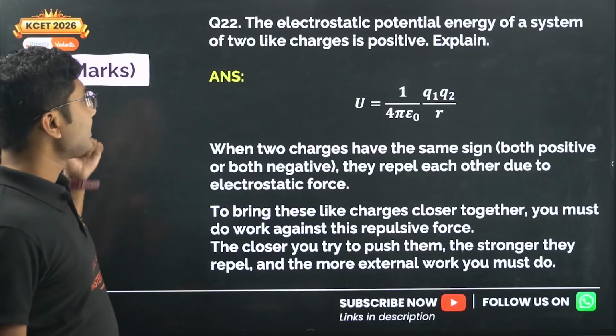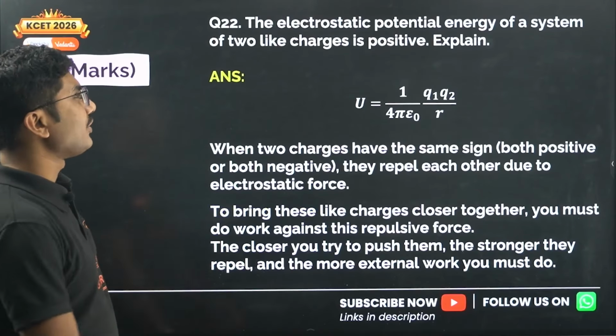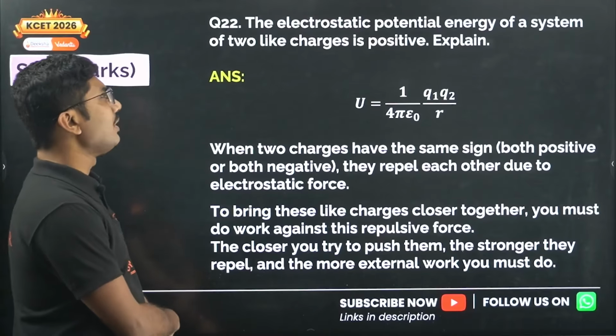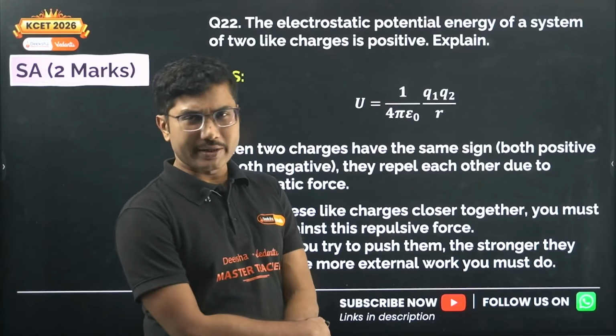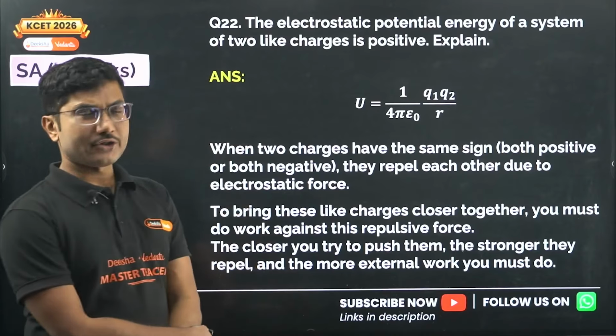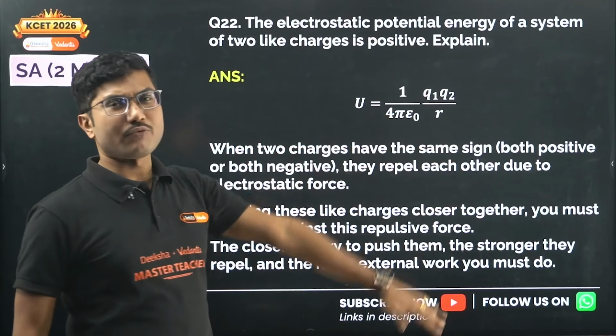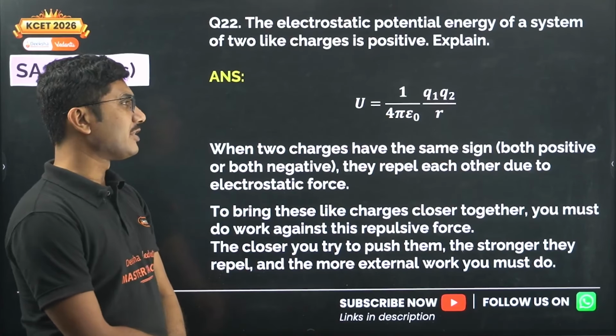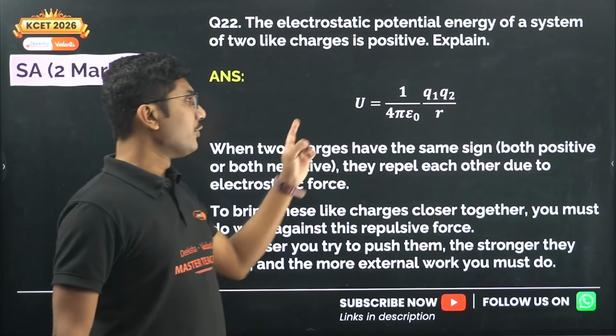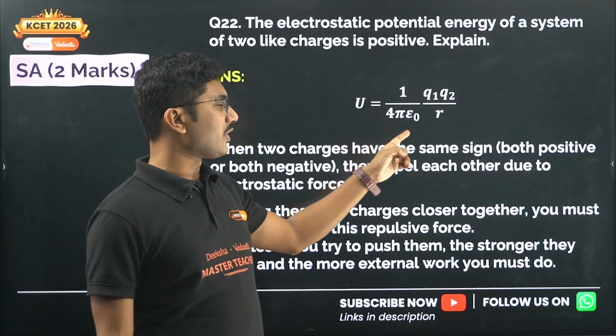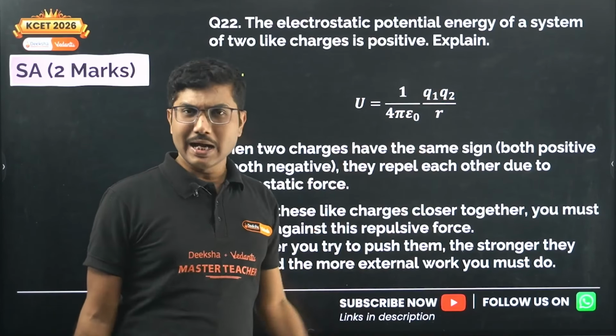Now next, the electrostatic potential energy of a system of two like charges is positive. Explain. Before you start the explanation, you have to write the expression for electrostatic potential energy between two charges: U equals 1 by 4 pi epsilon naught, Q1 Q2 by r.